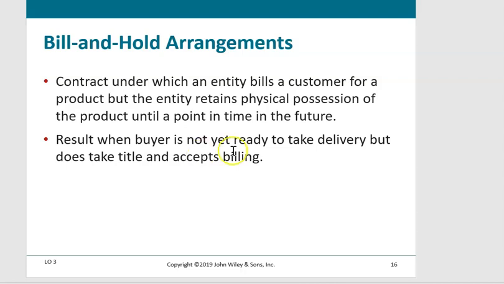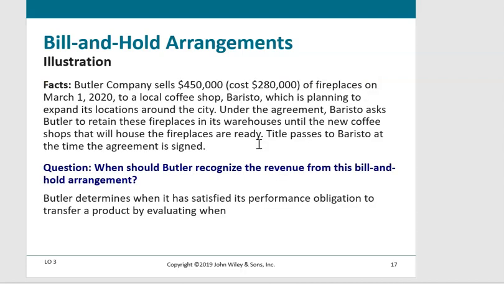This results when the buyer is not ready yet to take delivery, but does take the title and accept the billing. We want that, but we just really need you to store it for us until we're able to pick it up. Let's take a look at an example. Butler Company sells $450,000 of fireplaces on March 1st, 2020 to a local coffee shop.